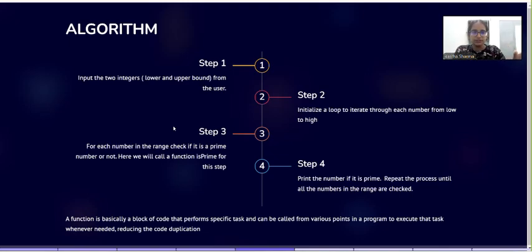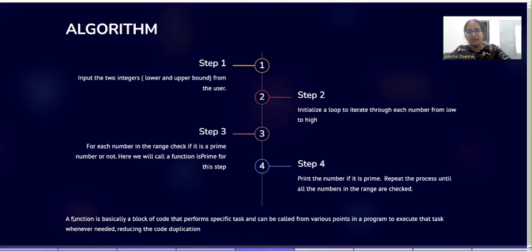For this particular step, we will see the use of a function. For this code, I have used a function named isPrime, which I will show you in the next 2 to 3 slides. And step 4 is print the number if it is prime, and we have to repeat the process until all the numbers in the range are checked.